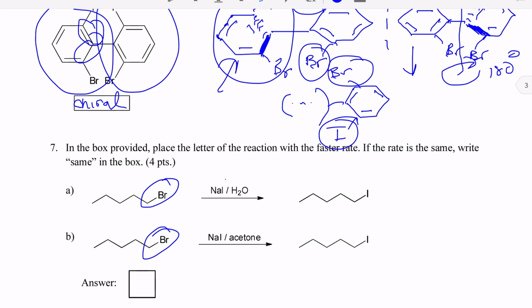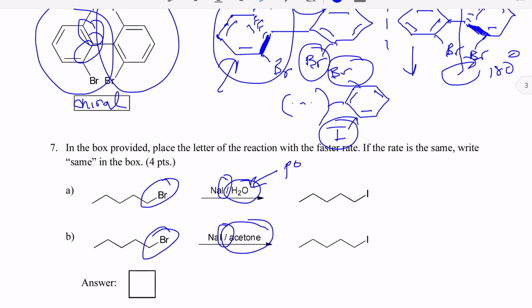Also, when we look at these two reactions, we see that the nucleophile is iodide. And iodide is actually a weak base, but it's a good nucleophile. So these conditions are ideal for an SN2 reaction. The only difference between these two reactions, however, is their solvents. For water, we know that water is what?